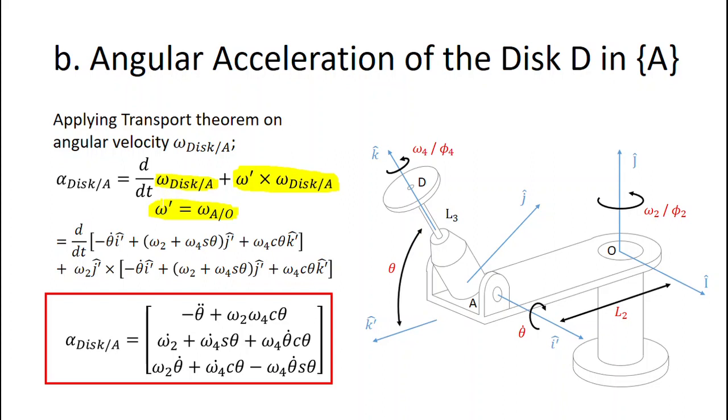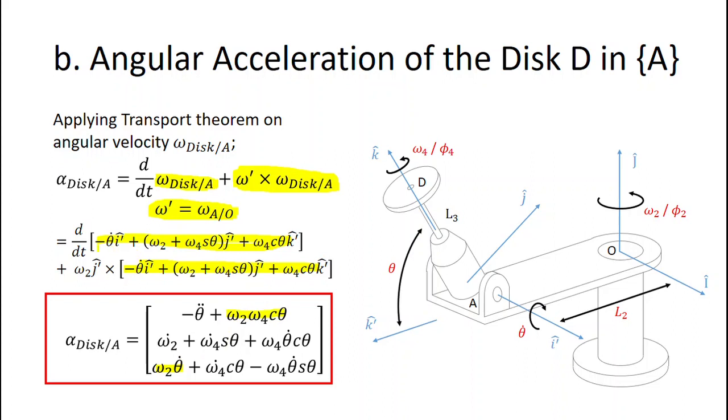So we plug in what we found in the previous step, and we get d by dt of this previous value, and we get omega 2 j prime cross this previous value. It turns out the cross product cancels out the j term, so we get a k term. j cross minus i is k, and j cross k is plus i, so we get omega 2 times omega 4 cosine of theta in the i direction. We get omega 2 theta dot in the k direction, so this term and this term.